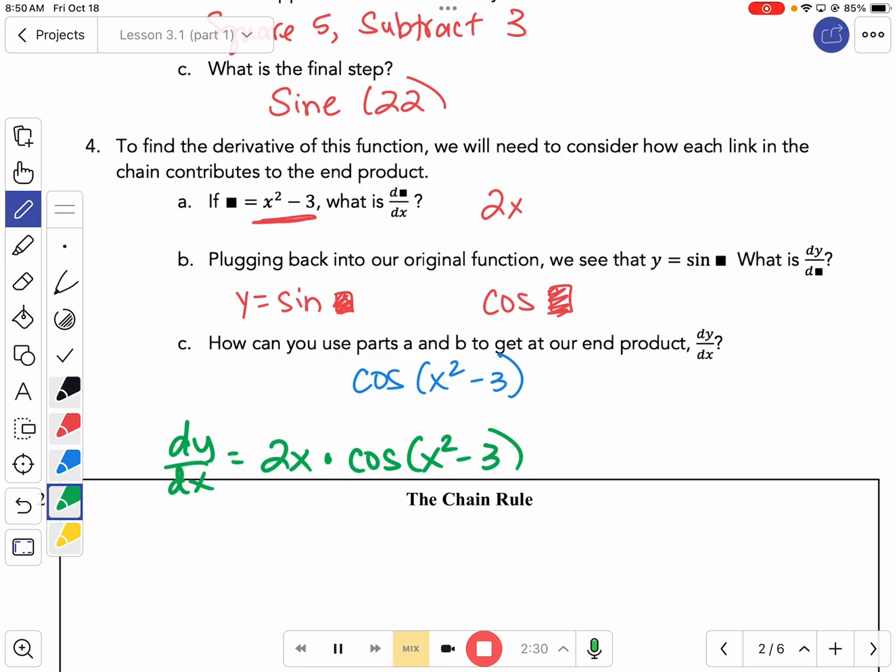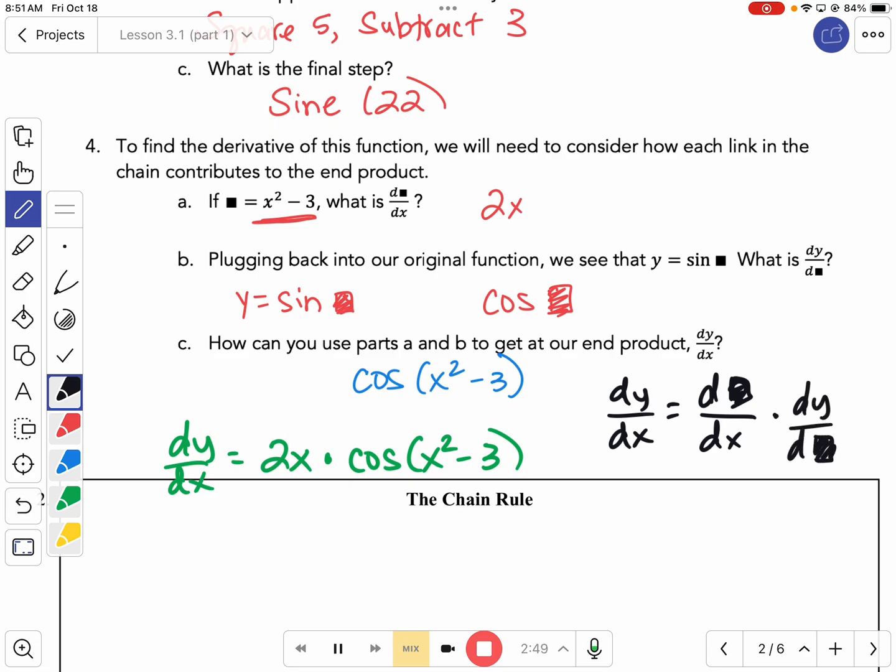So what did we do? Here's one way to think about it. dy/dx is equal to the derivative of our black box with respect to x, so that inside function, times the derivative of y with respect to our black box, our independent variable.